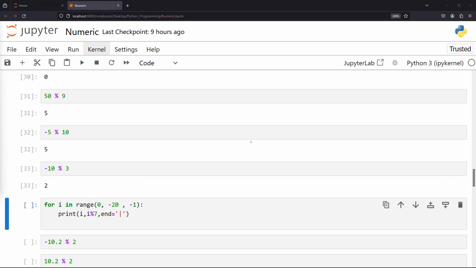So this will be similar to a for loop in C, with i equal to 0, i greater than minus 20, and i minus minus.